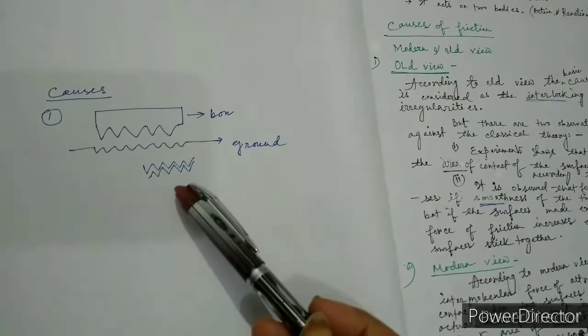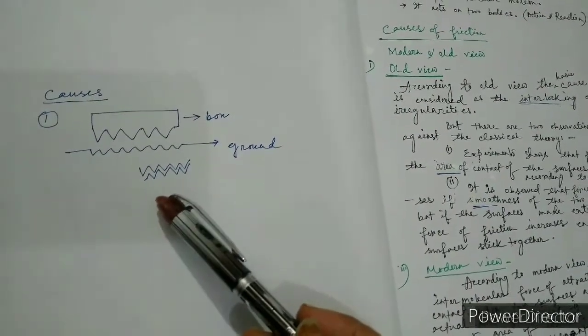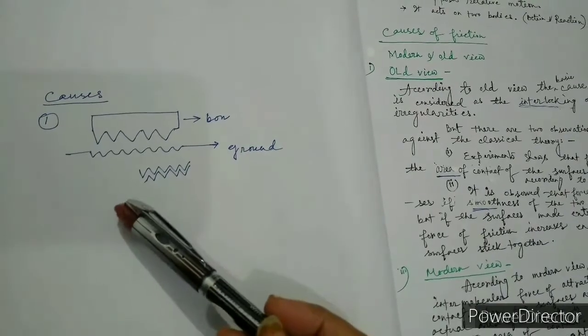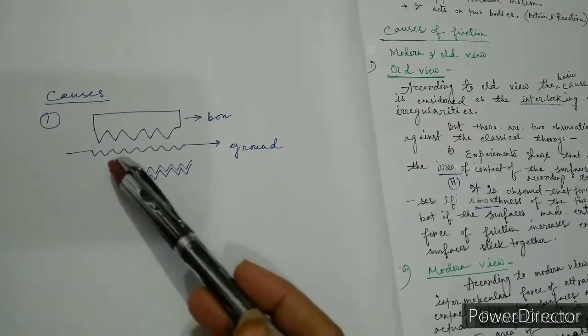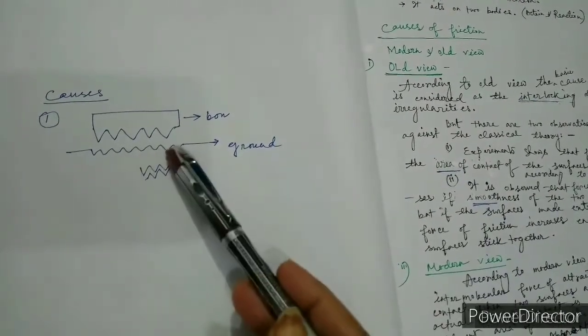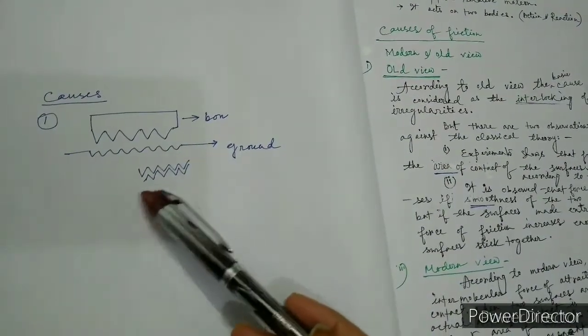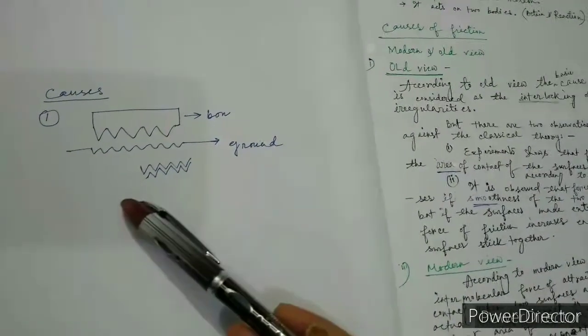And the second observation is this: suppose we are putting some grease over here and increasing the smoothness.